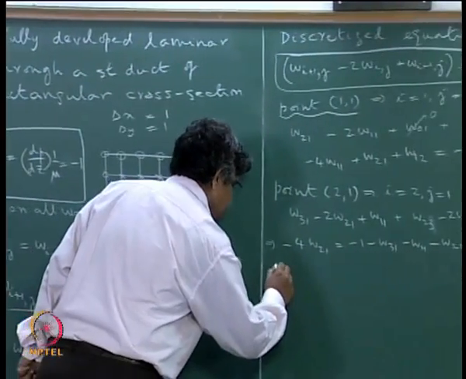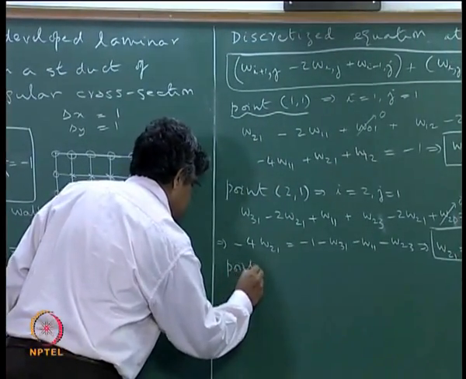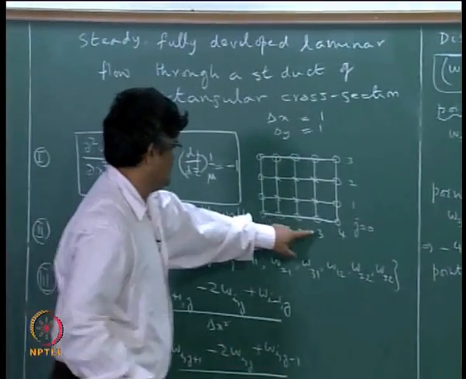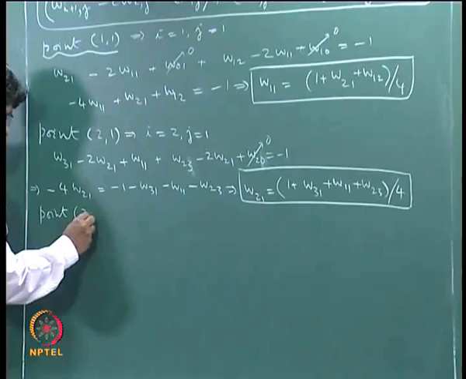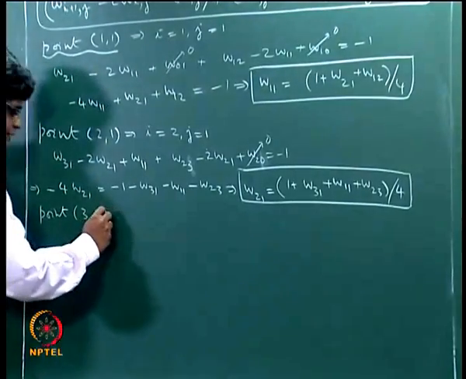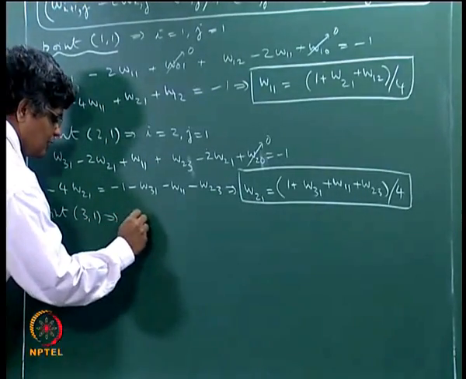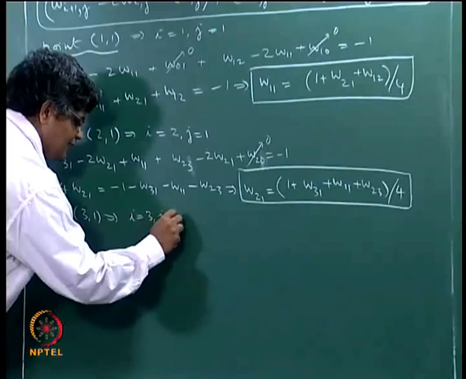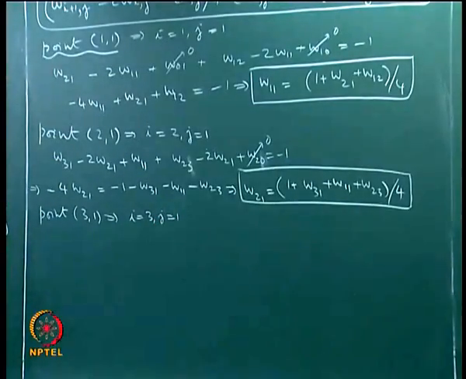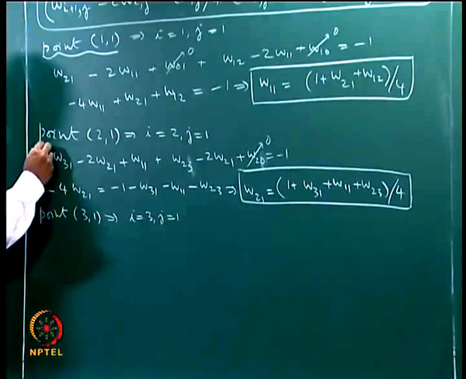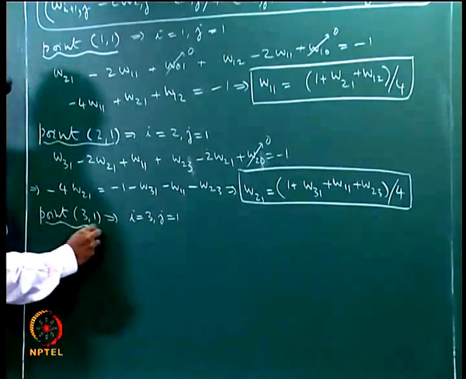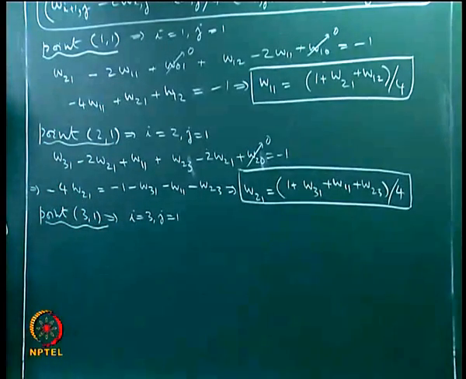And we can do the same for this point, that is (3,1). This implies i is equal to 3 and j is equal to 1. So let us see if we can do it without any mistake.